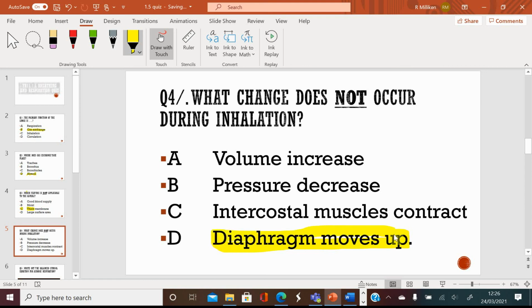If you relax your abdominal muscles and hold your tummy and breathe in, you'll notice your tummy gets pushed out a little bit. That's because the diaphragm above is a dome and it pushes down, contracting to create a bigger volume. So the volume does increase, and when you increase the volume, the pressure decreases. So the one that is not occurring is the diaphragm moves up, because it moves down.